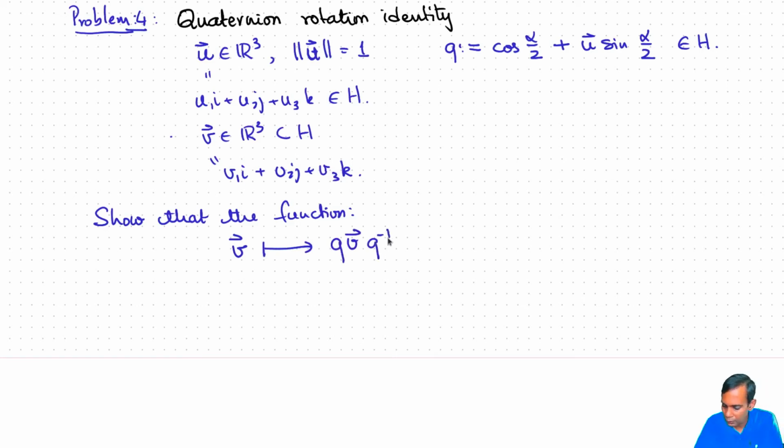So Q is a non-zero quaternion because either cos of alpha by 2 or sine of alpha by 2 will be non-zero, and u is a unit vector. So in any case, Q will be a non-zero quaternion. We can definitely invert it.